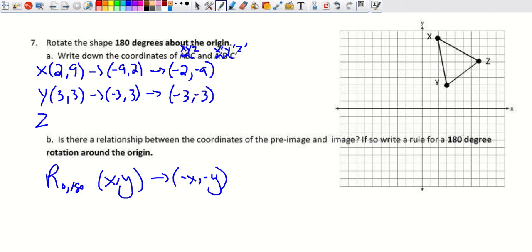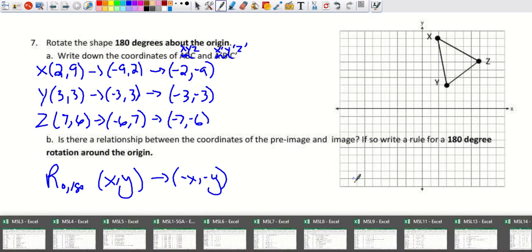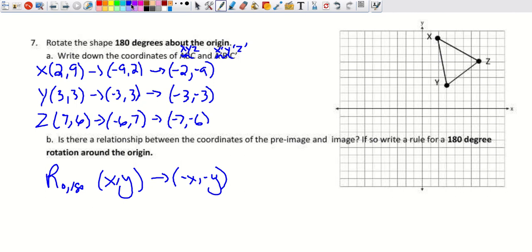And point Z, we can read 1, 2, 3, 4, 5, 6, 7, 2, 3, 4, 5, 6, is the point positive (7, 6). So swap and opp once, (-6, 7). Swap and opp again, (-7, -6). We just change the signs. And that is what happens when I do my rotation of 180 degrees.